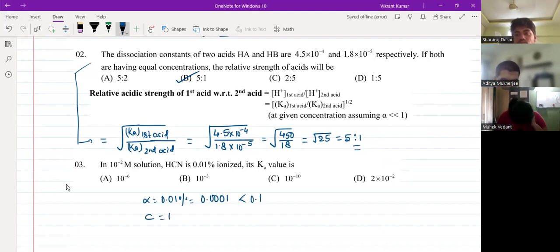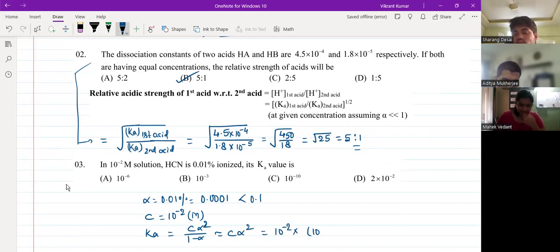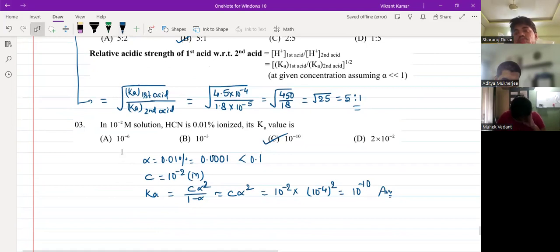And C is given as 10 raised to minus 2m, and that's why under such condition Ka, which was C alpha square by 1 minus alpha, can be written as C alpha square, because alpha is much less than 1, and that's why we'll be writing it as 0.10 raised to minus 2 into alpha का square. तो alpha is 10 raised to minus 4 का square, that will give you 10 raised to minus 10. This will be the answer, which is C option. H plus पूछता तो we'll be writing C alpha, then it will become 10 raised to minus 6. Okay, but if they have asked you K का value, so this was third question.